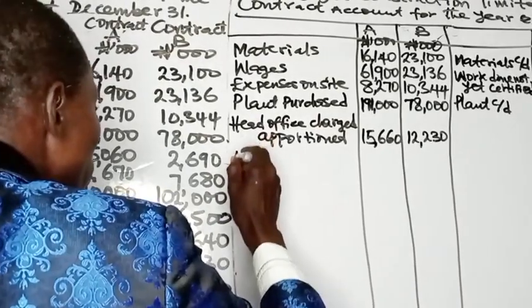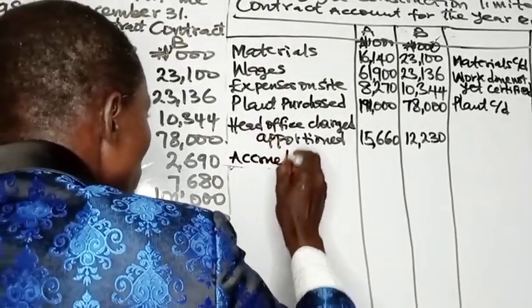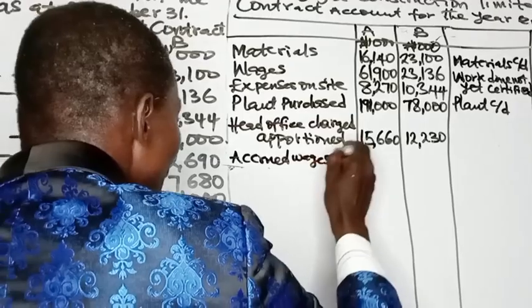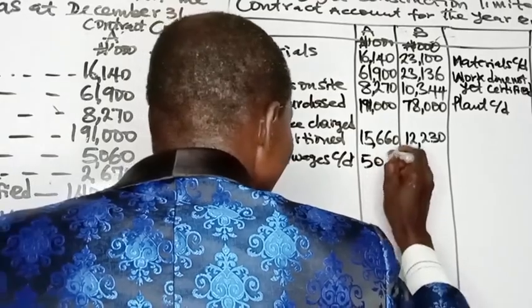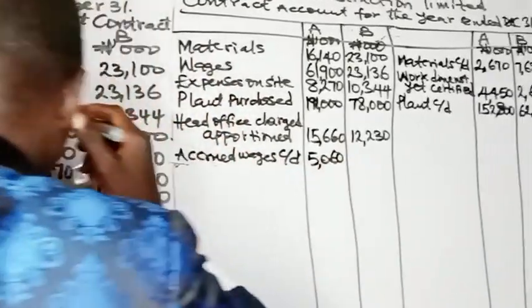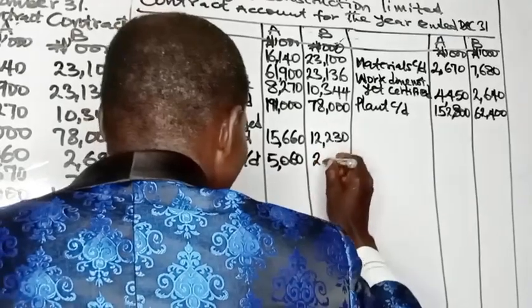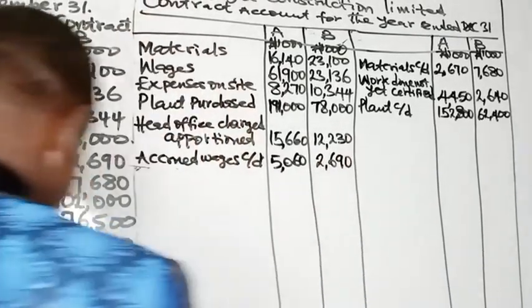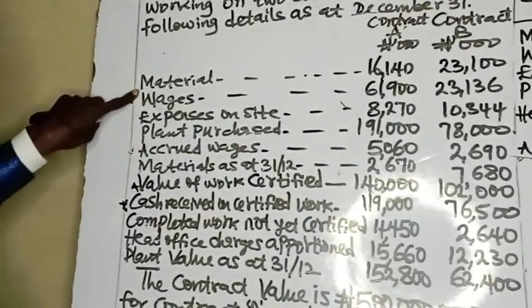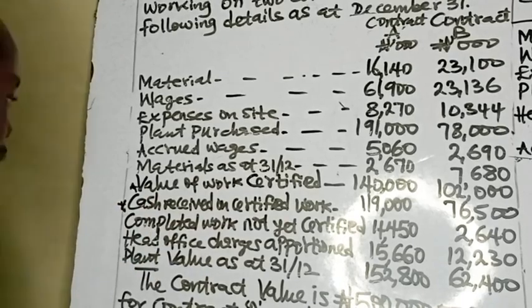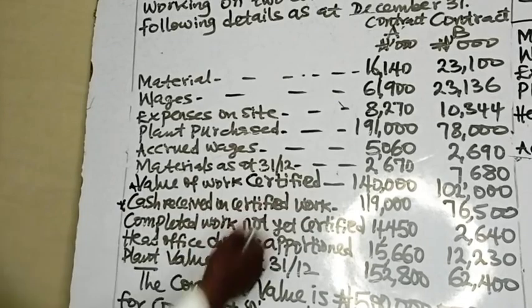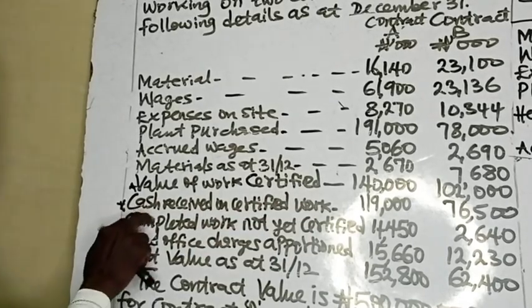So we have accrued wages carried down. For contract A, we have 5,060. For contract B, we have 2,690.